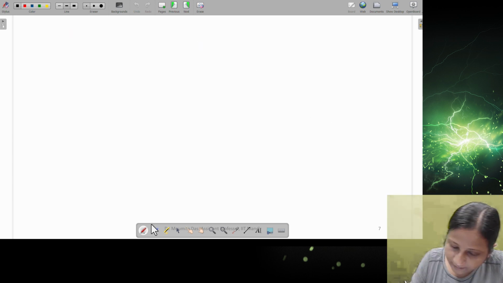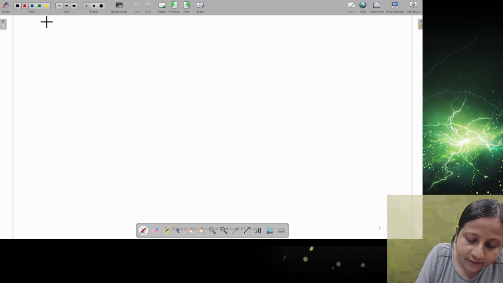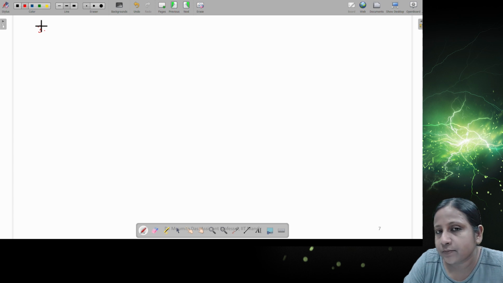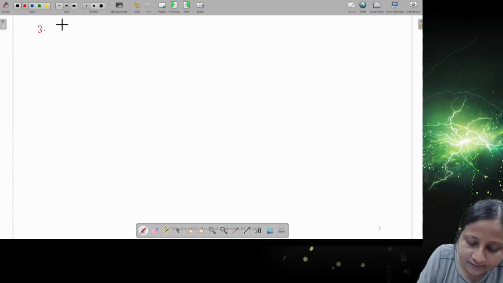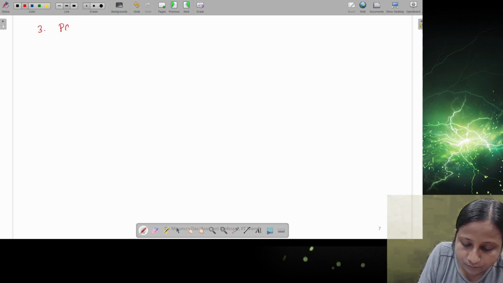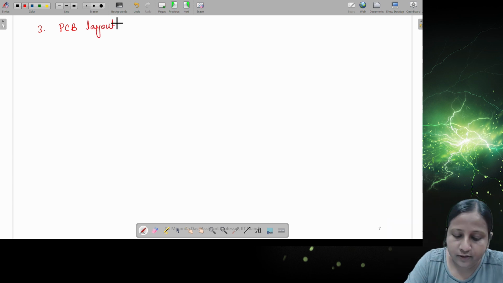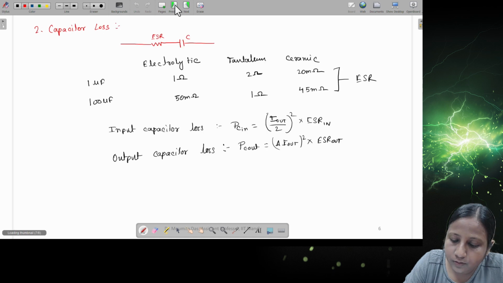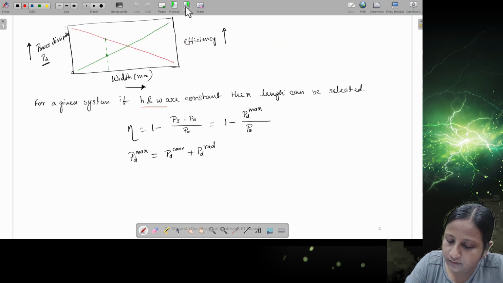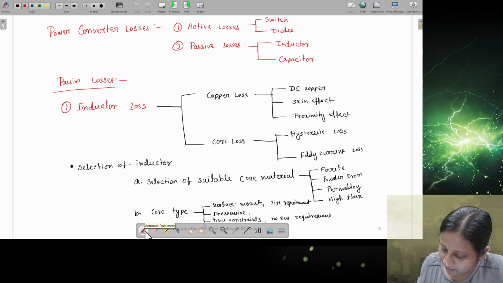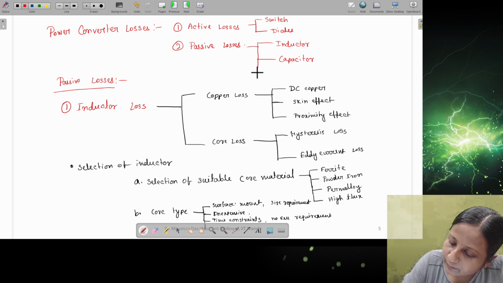Okay. Now another, third important thing which comes under passive loss is the PCB layout. Inductor and capacitor I told you. So in the passive losses, one component will be the PCB layout.